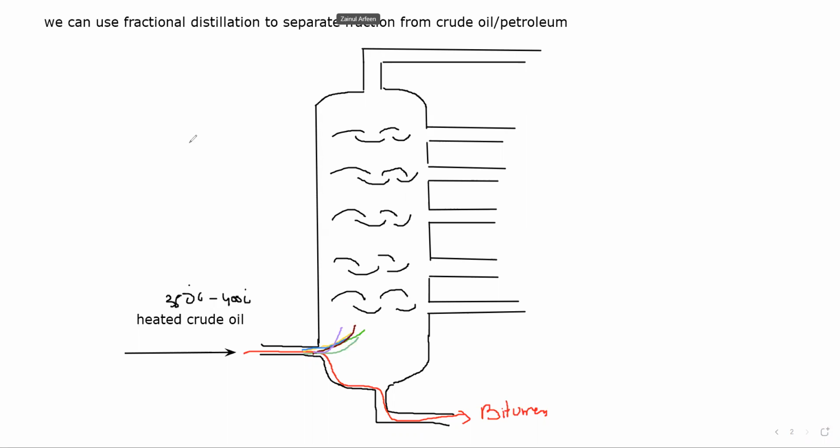Now, crude oil is a mixture of bitumen, fuel oil, kerosene or paraffin, diesel, then naphtha, petrol or gasoline, and refinery gases.